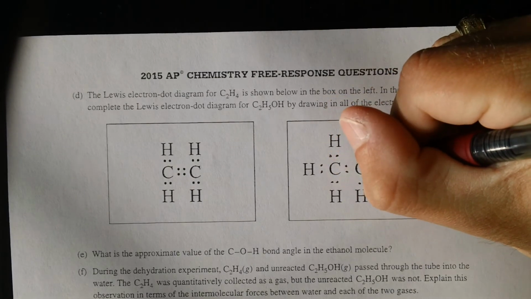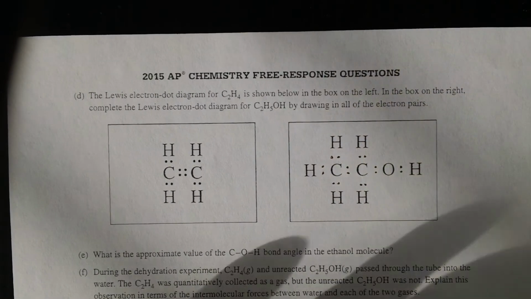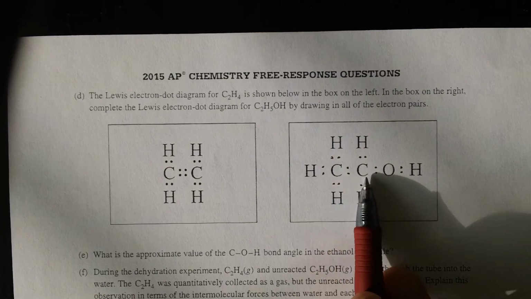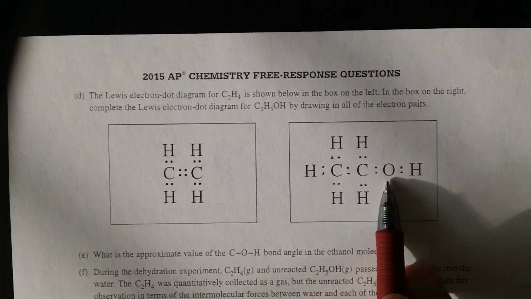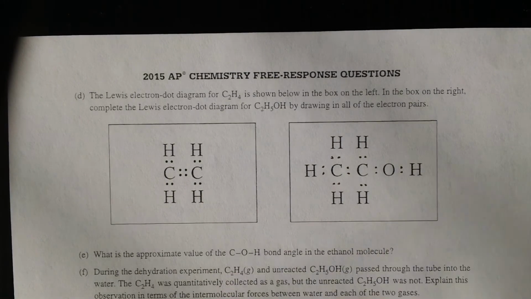Those are our pairs of electrons. So it looks like this. But I'm going to add these up and make sure. If I add these up, carbons each have 4 valence electrons. That's 8, 9, 10, 11, 12, 13. Oxygen has 6 more. That's 19 and 20. We should have 10 pairs.